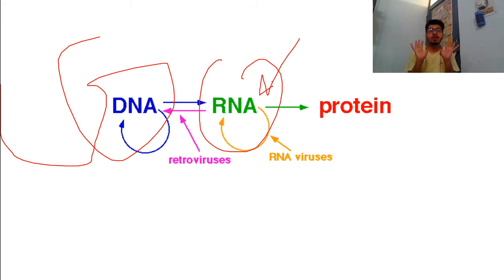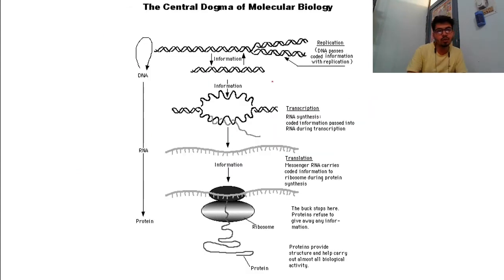The molecular biology student will only wonder about DNA, RNA and protein, nothing else. So how these DNA, RNA and protein can be studied, this is all about the techniques, nothing else. I have already discussed a lot about DNA replication, transcription, translation, and how DNA can give rise to protein.